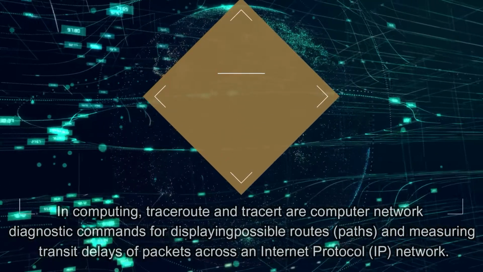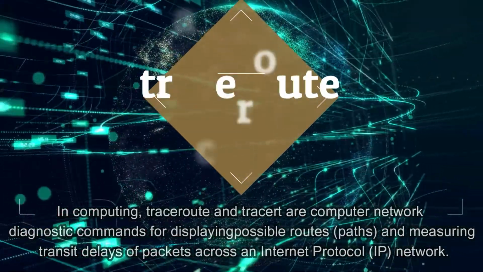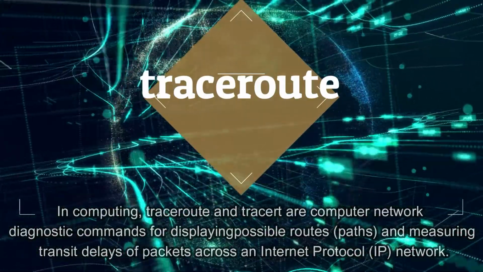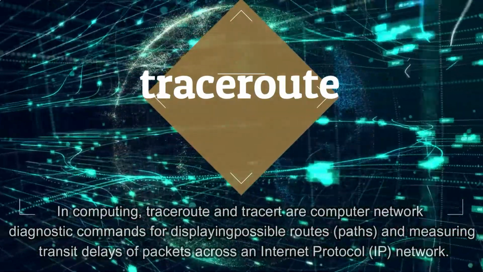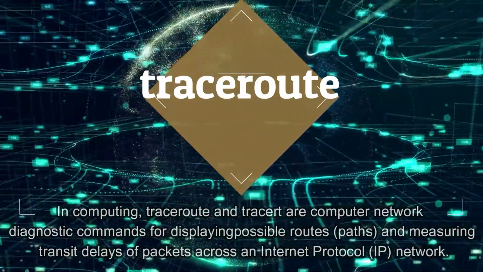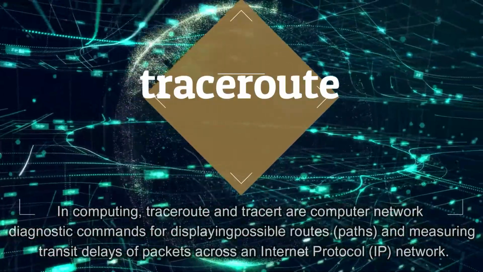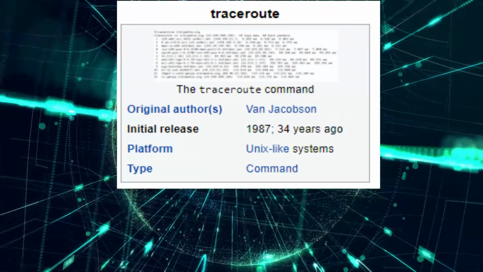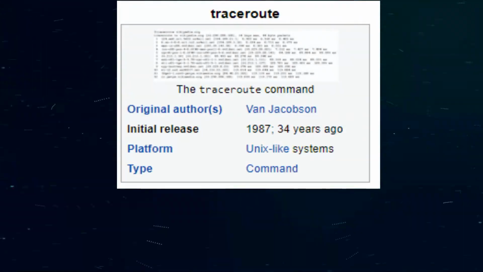In computing, traceroute and tracert are computer network diagnostic commands for displaying possible routes, paths, and measuring transit delays of packets across an IP network. The route is recorded as the round trip times of the packets received from each successive host, remote node, in the route, path.